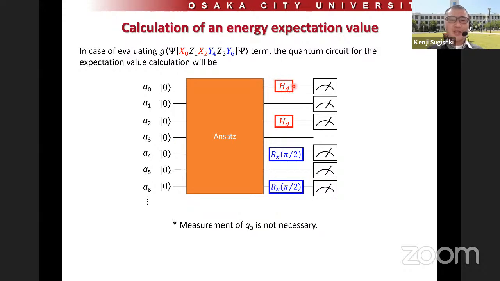Applying the Hadamard gate to the qubits where we want to evaluate the Pauli x operators, and we have to apply the Rx gate to the qubits corresponding to the y operators, and then measure the quantum state. In this case, the measurement of QB3 is not necessary because there's no Pauli operator acting on QB3.